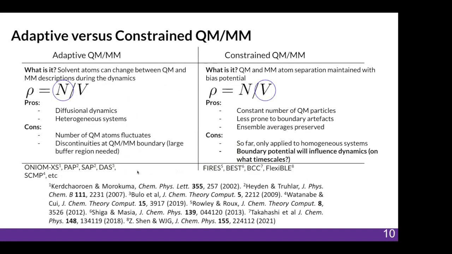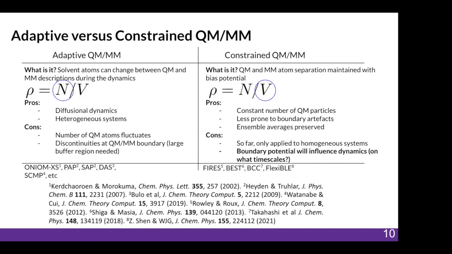There have been several strategies that have actually been developed, and I'm going to talk about these two strategies. These two strategies can be thought of in terms of their relation to the density of the QM region. So the adaptive QMMM set of approaches allows fluctuations in the number of QM atoms over the course of dynamics while keeping the volume of your QM region constant.